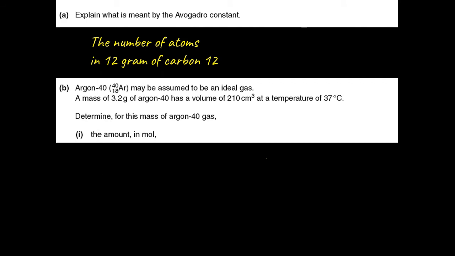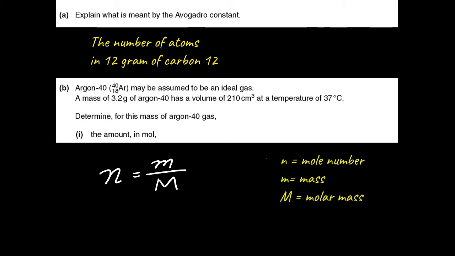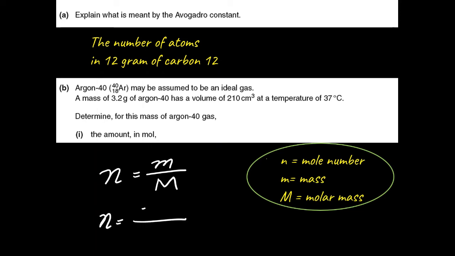The question asking the amount in mole, which is mole number, that is mass divided by molar mass. N is mole number, small m is mass, capital M is molar mass. So the mass is 3.2 and molar mass is 40. That gives us 0.08 mole.